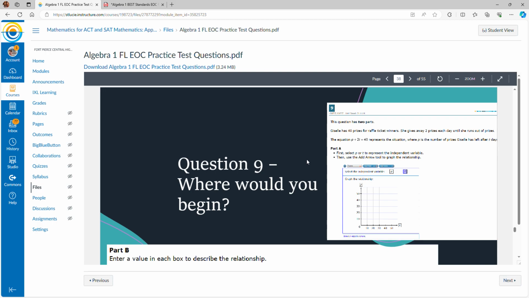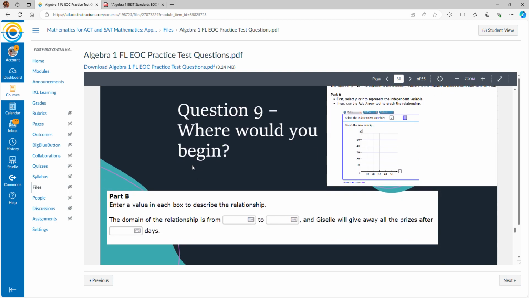First, select P or T to represent the independent variable, then use the add arrow tool to graph the relationship. Part B, enter a value in each box to describe the relationship. The domain of the relationship is from blank to blank, and Giselle will give away all of the prizes after blank days.